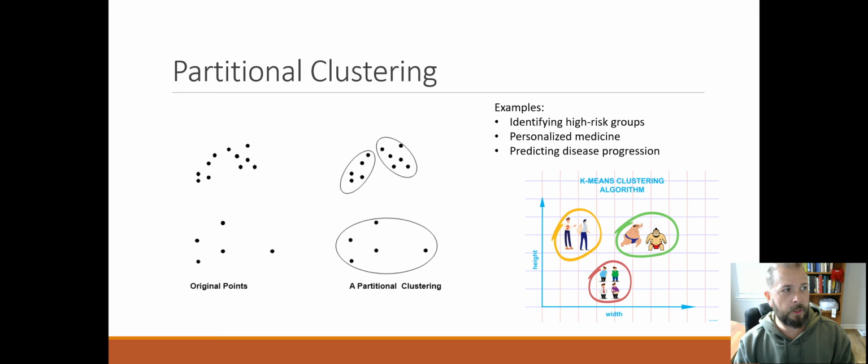Some of the examples of different partitioning clustering that we see in healthcare: identifying high-risk groups. K-means is really good at grouping patients based on different factors such as BMI, age, blood sugar levels, things like that, to identify individuals who are at high risk for certain diseases or disorders such as diabetes, cardiovascular disease, and things like that.